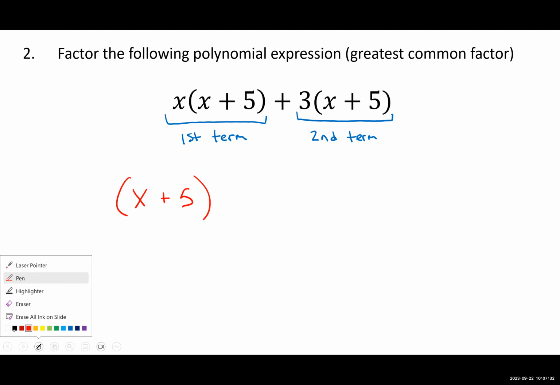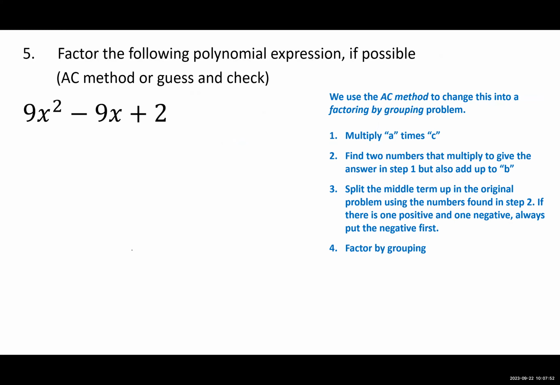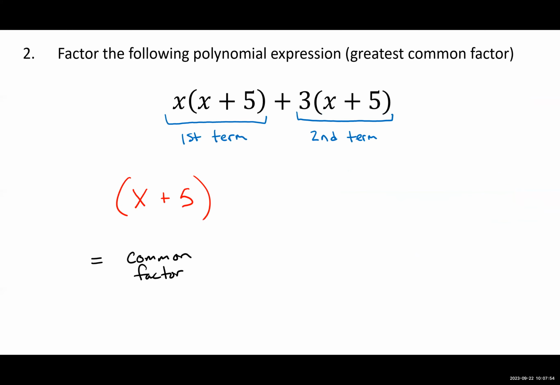So again, I'm using some informal language here, but when you're factoring out a common factor, a greatest common factor, it's always going to be equal to the common factor multiplied by the leftovers, if that makes sense.